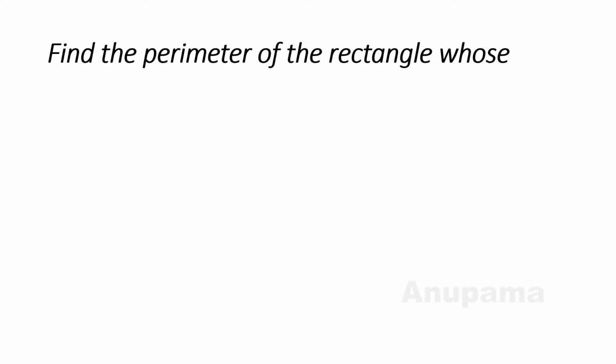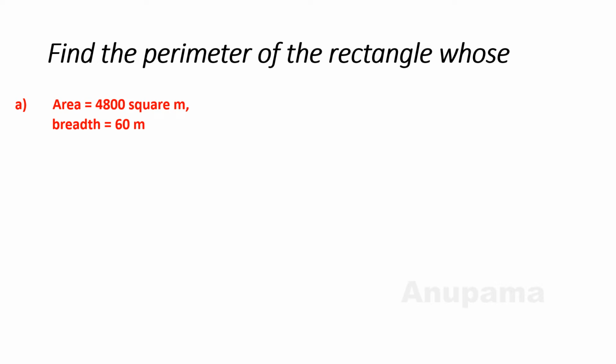Now, here is one more question. Find the perimeter of the rectangle whose area equals 4800 square meters and breadth equals 60 meters. Now here we need to find out the perimeter, and what is given to us? Area and breadth. To find out the perimeter, we need two things for a rectangle: length and breadth.